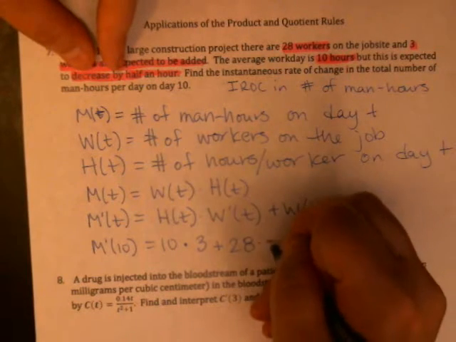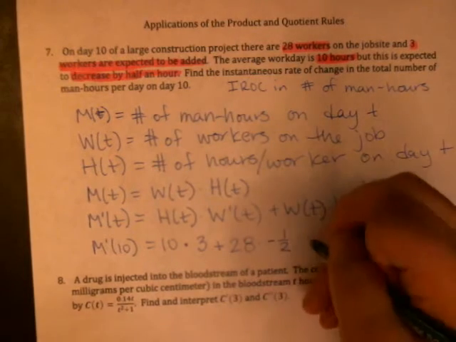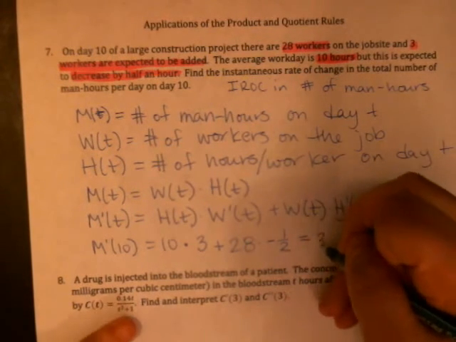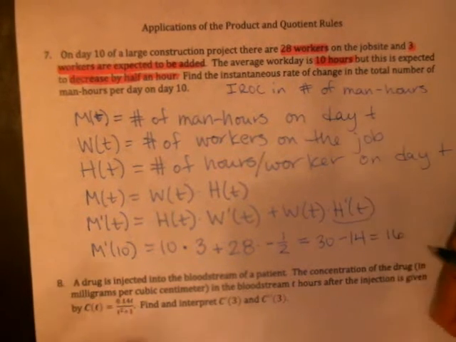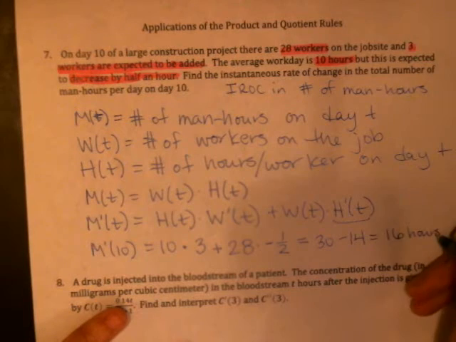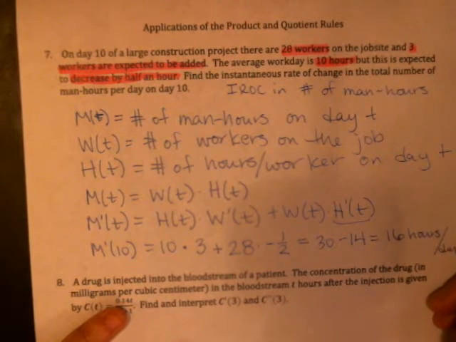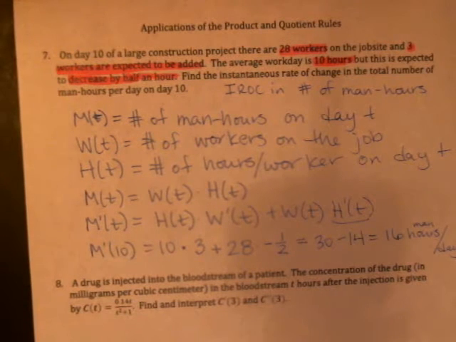That was expected to decrease by 1/2, so that's a negative 1/2. So we end up with 30 minus 14, which is 16. And then the units are hours per day, or man hours per day if you want. So right on day 10, the total number of man hours is increasing by 16 hours per day.